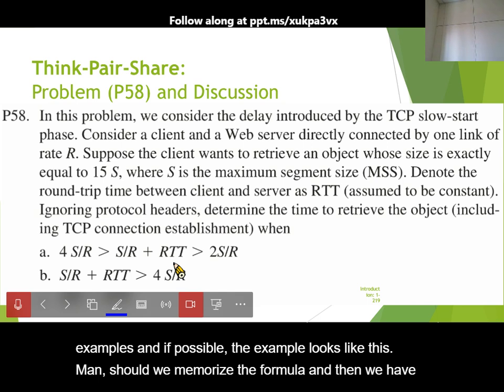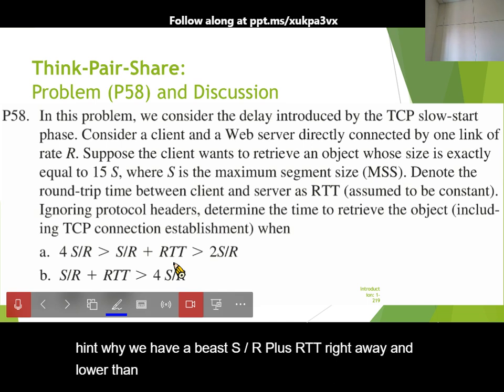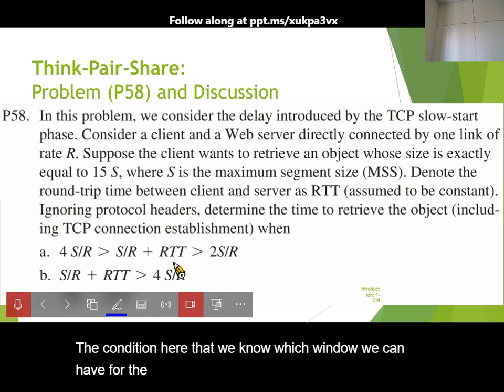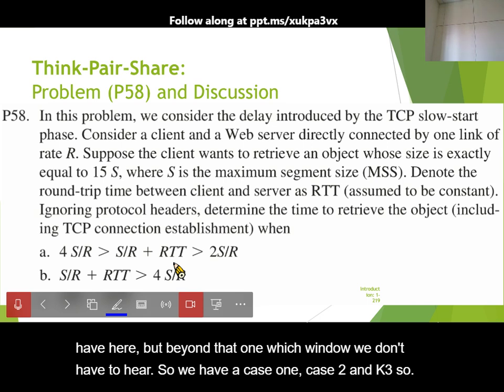Why do we have this? S over R plus RTT greater than and lower than, what does it mean? The condition here tells us in which window we have the gap, and beyond that, in which window we don't have the gap. So we have case 1, case 2, and case 3.